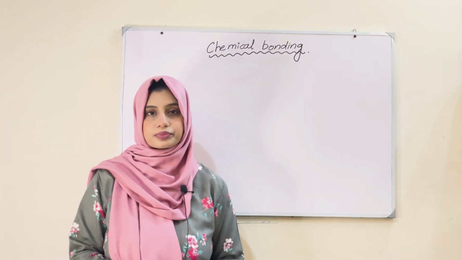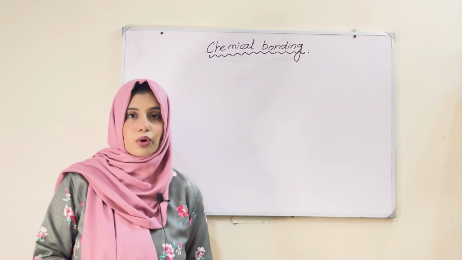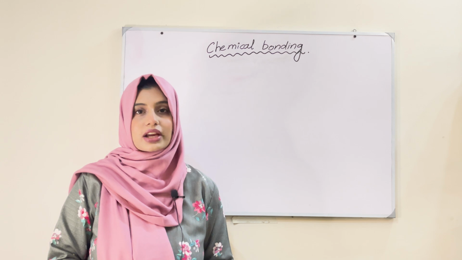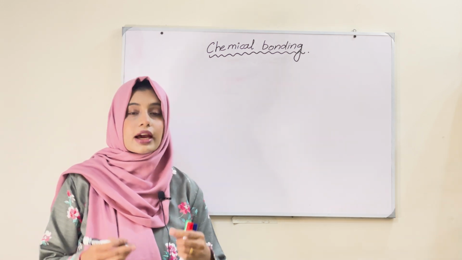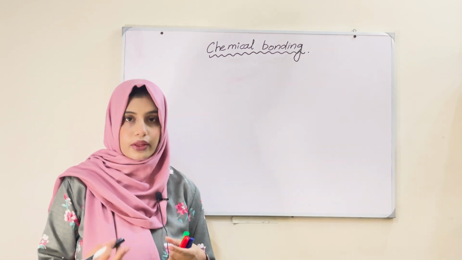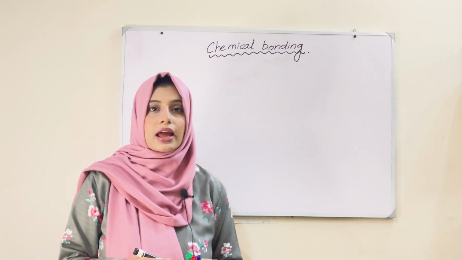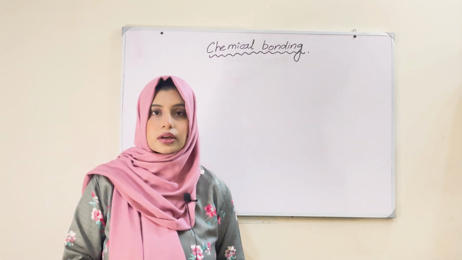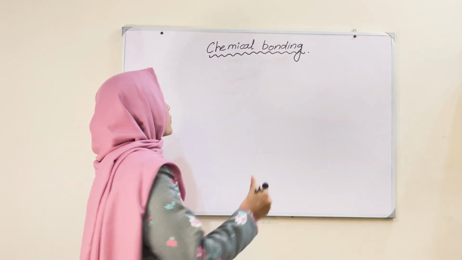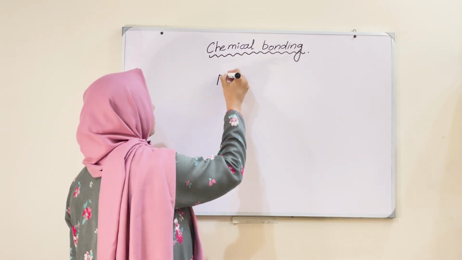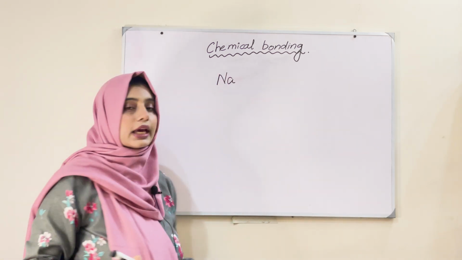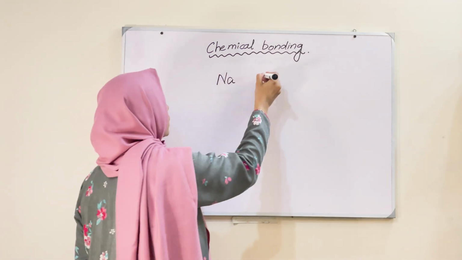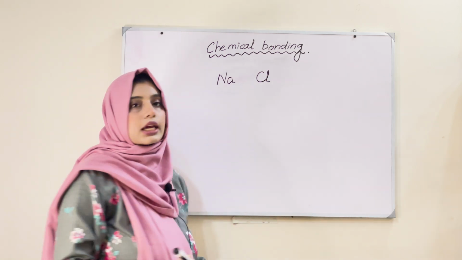First of all, if I talk about chemical bonding, I must have an idea that when elements combine together, they form compounds, and the way through which they are combining together is called chemical bonding. For example, sodium Na is an element, chlorine Cl is an element.